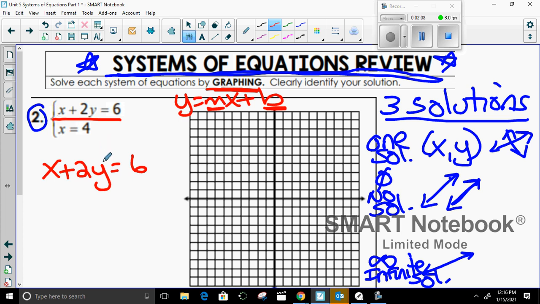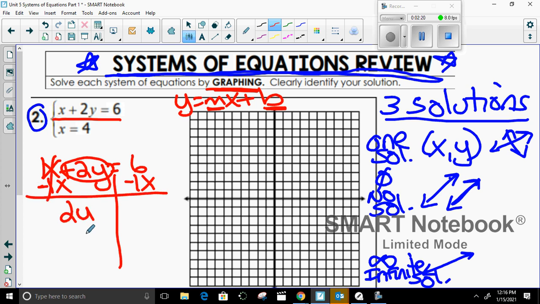I'm trying to get y by itself, so I cannot touch that 2y until I get rid of that positive 1x. How do you get rid of positive 1x? Subtract 1x. So you're left with 2y equals, remember, these are not like terms, so you cannot subtract them. So put the x part first, and the constant number part next.